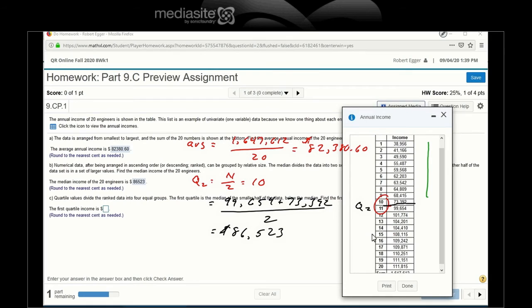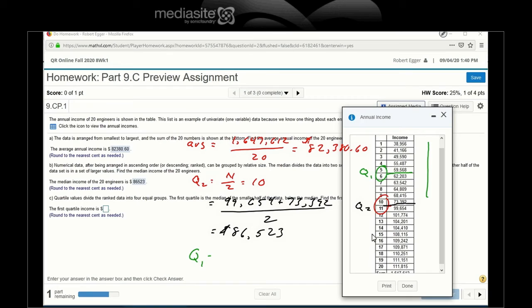I have 10, and 10 over 2 is 5, so I'm going to look for the middle value, or the average of 5 and 6 for Q1. So it's the middle between 5 and 6. At that location there would be 5 values above it and 5 values below it going up to Q2.